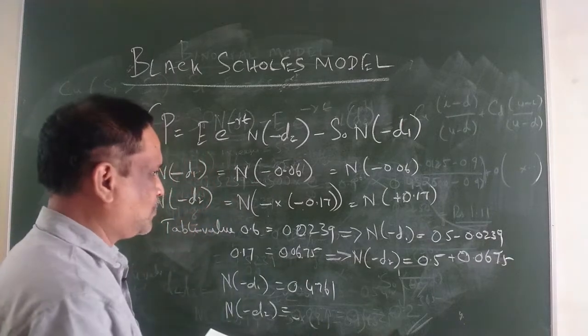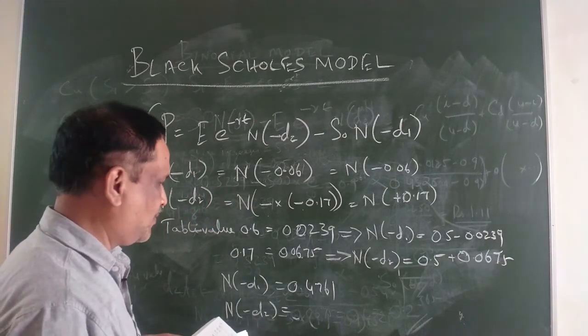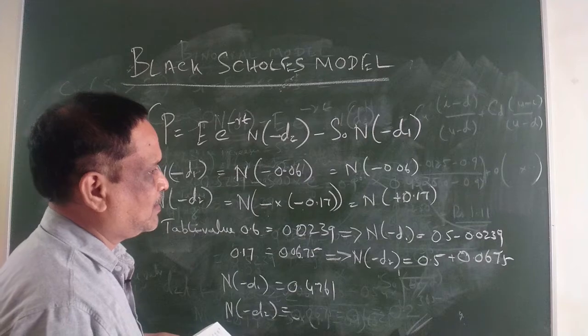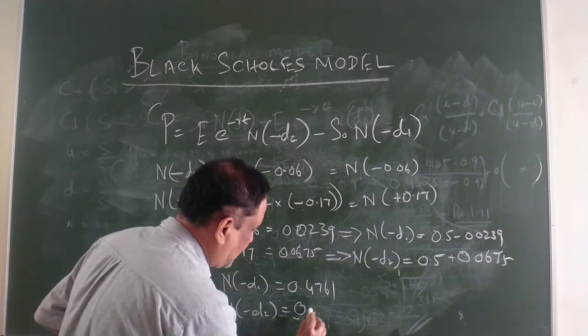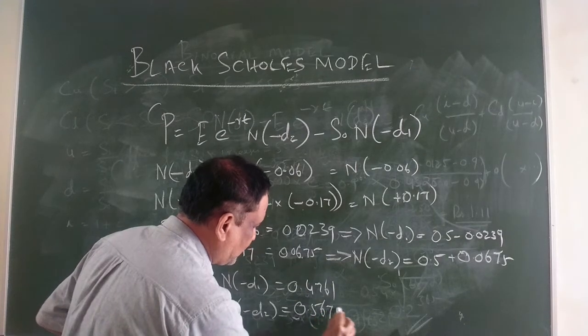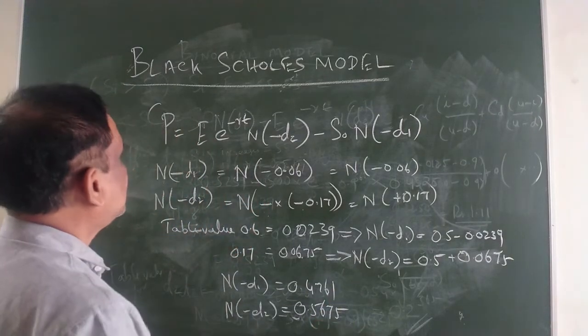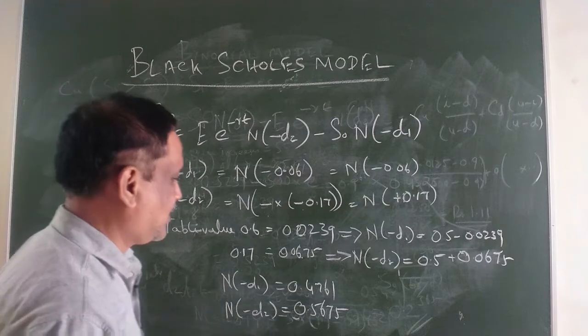So N of minus D2 will be 0.5 plus 0.0675, which is 0.5675. Okay, so the formula is given.